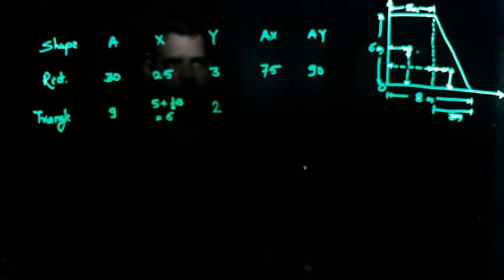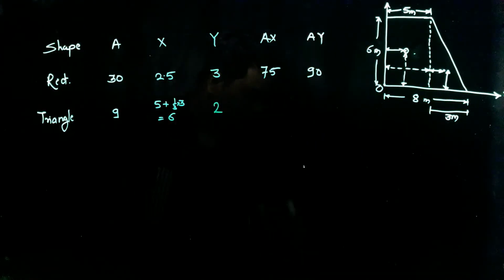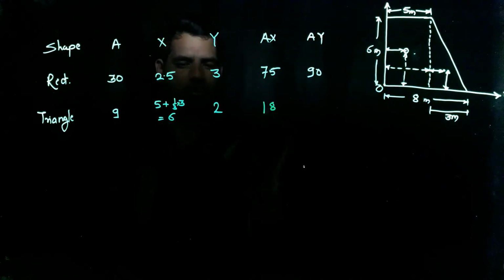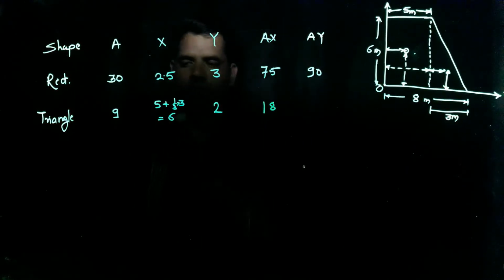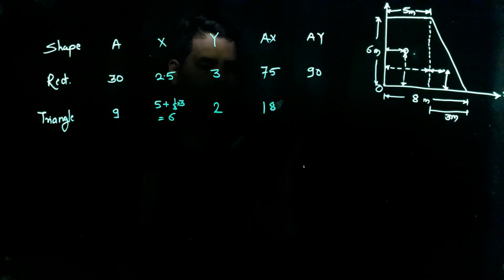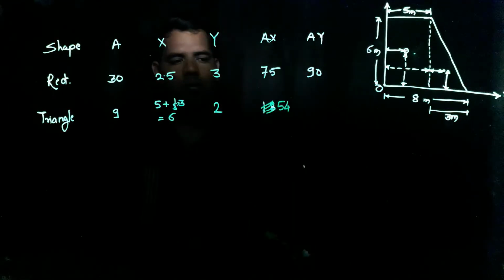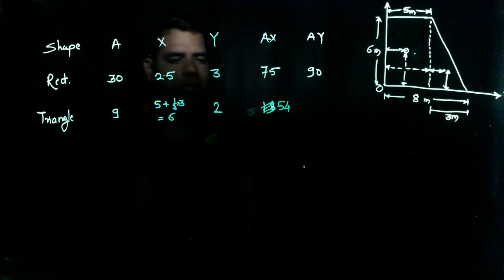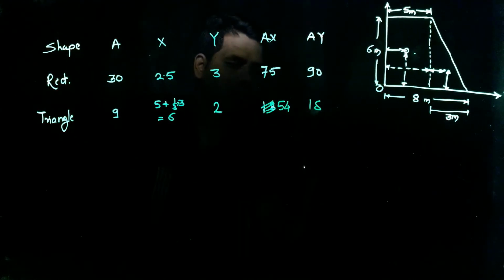So Ax is 9 into 6, that is 54. And Ay is 9 into 2, that is 18.